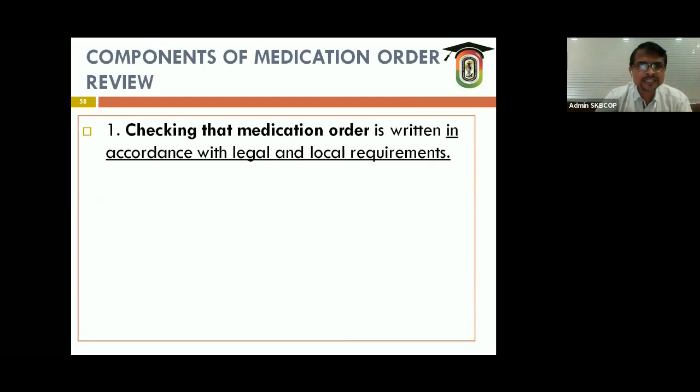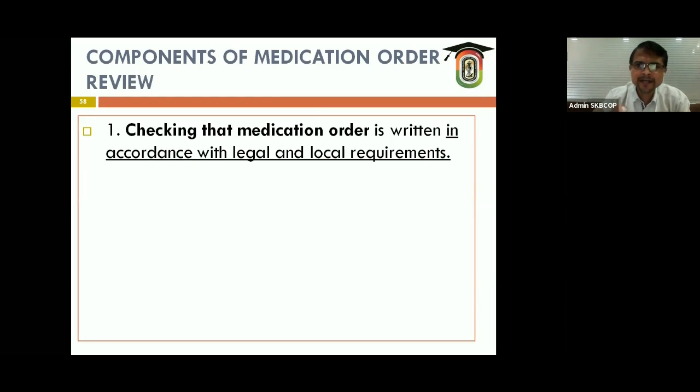So the first thing is checking that the medication order is written in accordance with legal and local requirements. The first component of this review process is to check that the medication order, the prescription that has been written, is in accordance with legal and local requirements. Legal requirement means the prescribed drugs are ethical and okay with whatever indications are there.